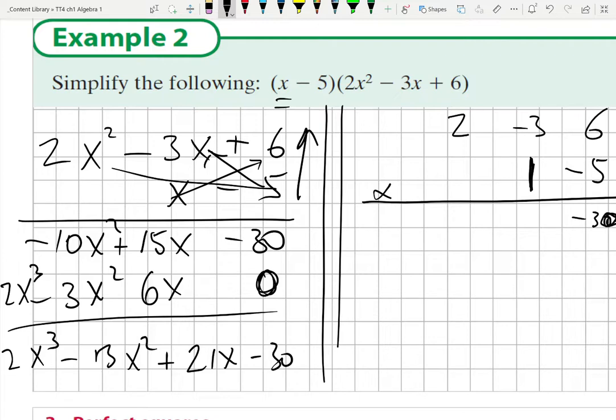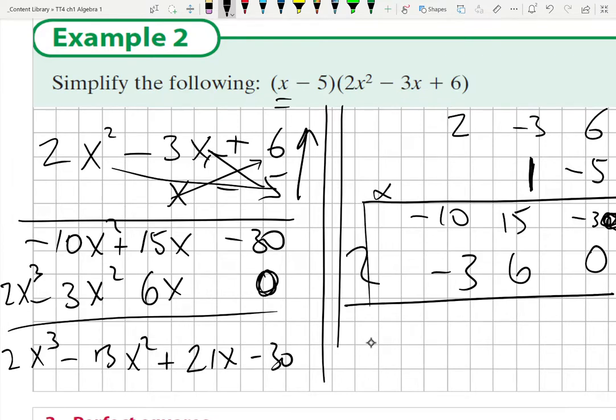Except you don't have to carry, and negatives are fine. And then, as well as adding here, I can include the powers of x. Okay.